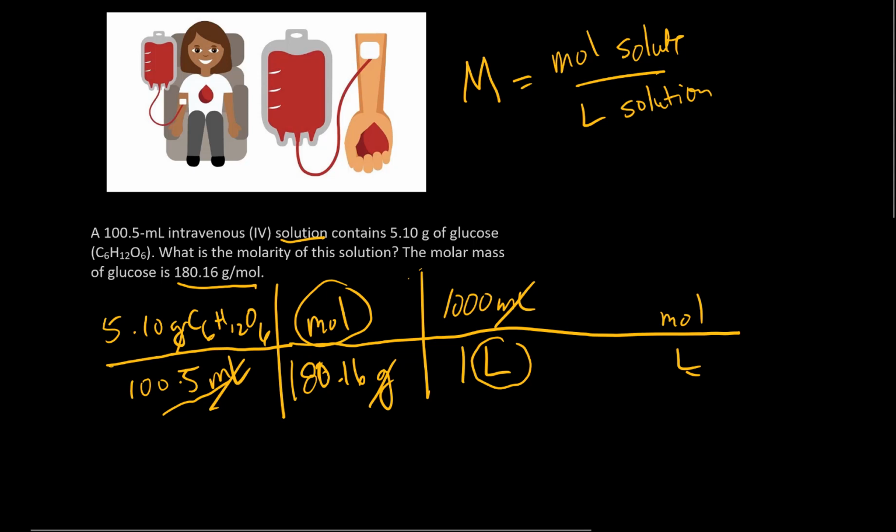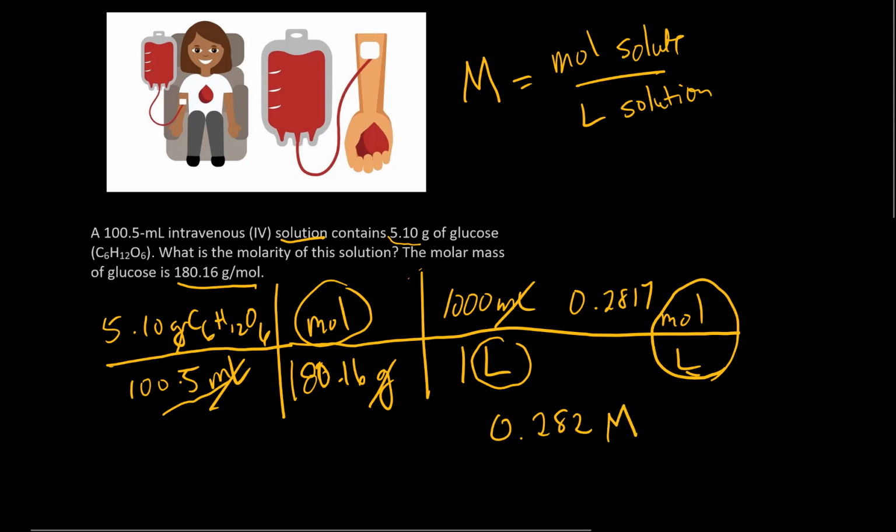Okay, that came out to be 0.2817 moles per liter. Let's just look here. We've got 5.1, so we should only have 3 significant figures, so we're limited by this number right here. So that comes out to be 0.282. Now, instead of moles per liter, we can just write a big M for molarity.